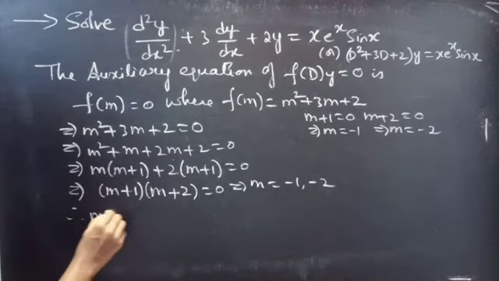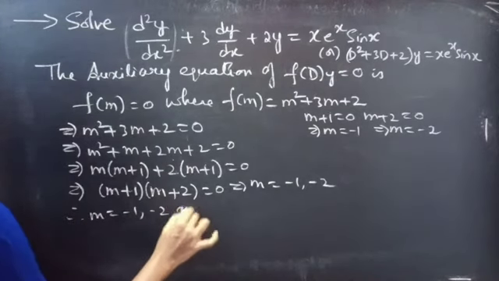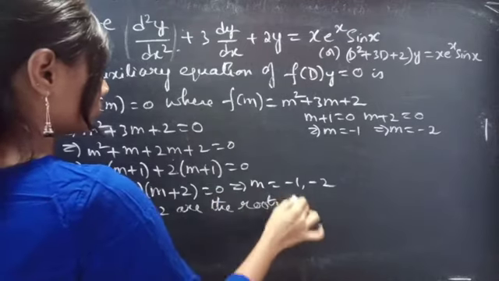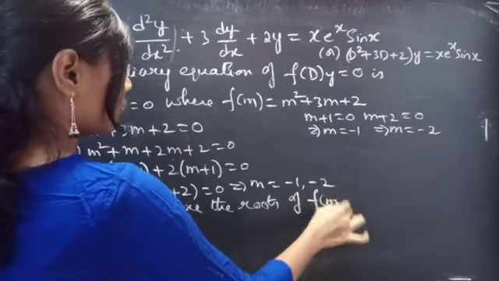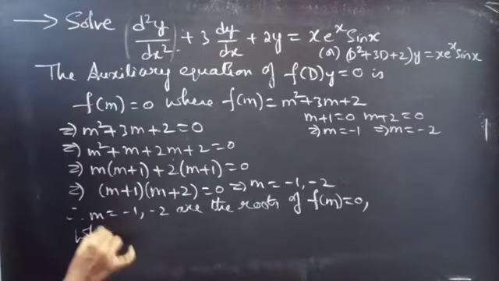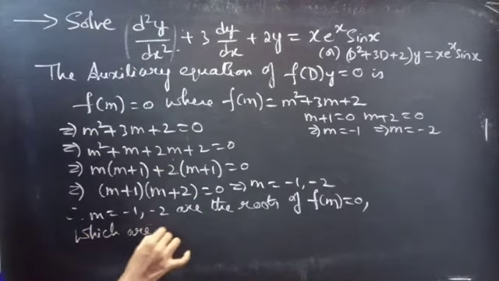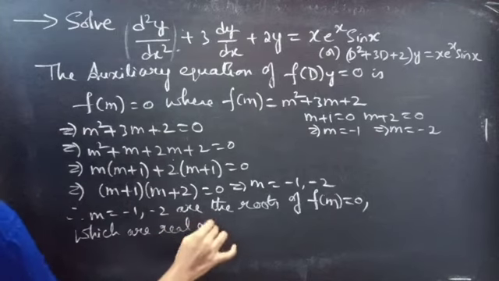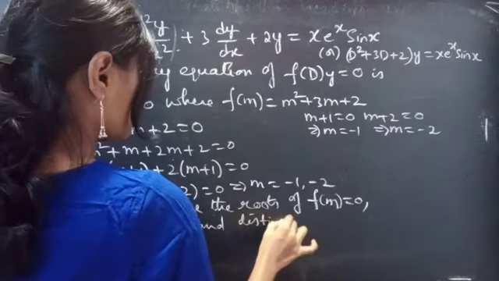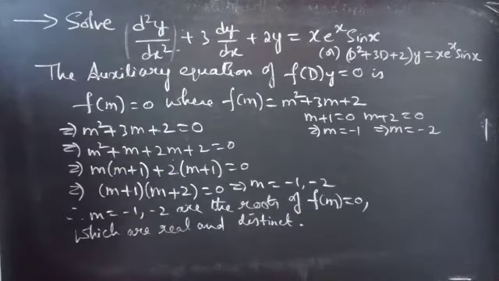Therefore, m = -1, -2 are the roots of f(m) = 0, which are real and distinct, or we can call them real and different.